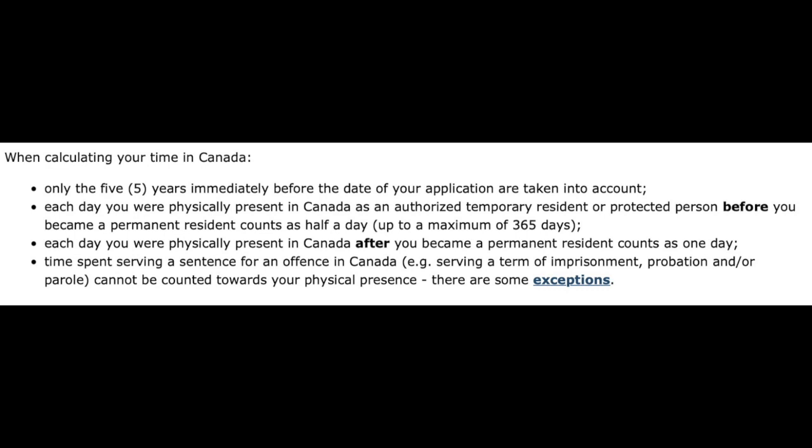Each day you were physically present in Canada after you became a permanent resident counts as 1 day. And the last, time spent serving a sentence for an offense in Canada, for example, serving a term of imprisonment, probation, and/or parole, cannot be counted towards your physical presence. There are some exceptions.